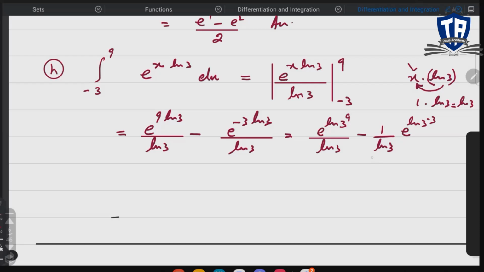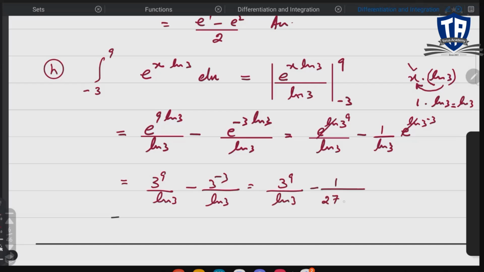In this step, we can cancel natural log with e, natural log with e, and the remaining term would be 3 power 9 divided by log of 3 minus 3 power minus 3 divided by log of 3. 3 power 9 divided by log of 3 minus 1 over 27 and this is log of 3.